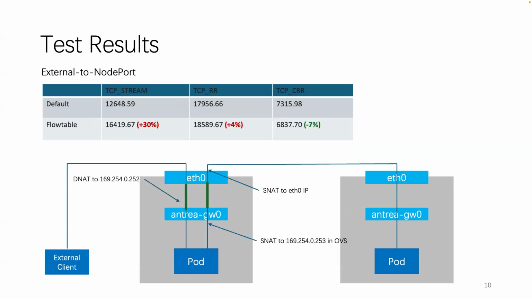The third case involves DNAT and SNAT in host networking. This might be the reason that slows down the throughput, but for the specific reason, I don't have an idea.